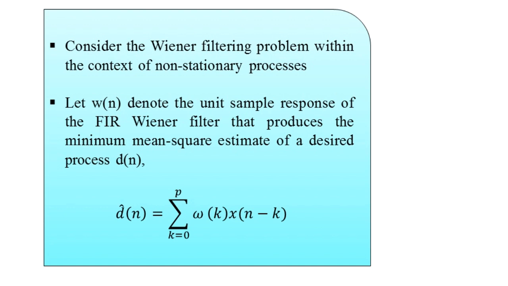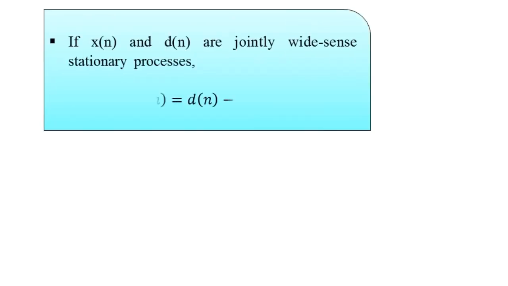So if x of n and the original d of n are jointly wide sense stationary processes with the error, or the difference, denoted as e of n, equal to d of n minus d cap of n, the filter coefficients that minimize the mean square error, denoted by capital E of mod square of e of n, are found by solving the Wiener-Hopf equations already introduced in the previous chapter.